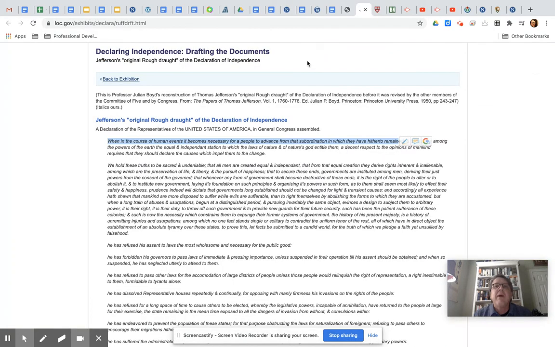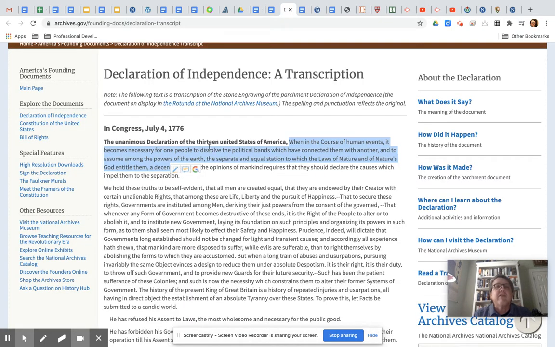Again, let's go back to the original. And to assume among the powers of earth the equal and independent station to which the laws of nature and of nature's God entitle them, a decent respect to the opinions of mankind, and so forth. Here, if we go back to the one we're familiar with, we hold these truths to be self-evident, that all men are created equal, that they're endowed by their Creator with certain unalienable rights.